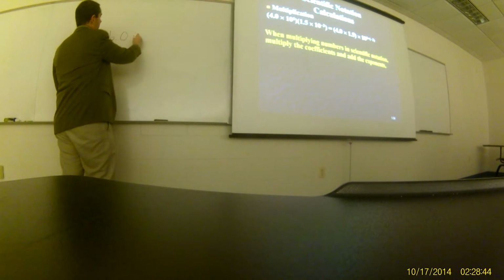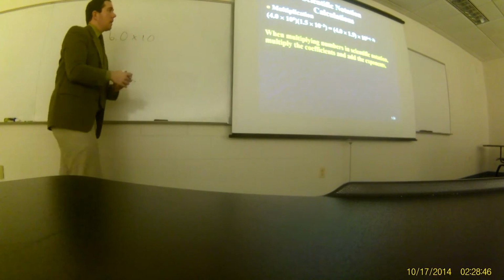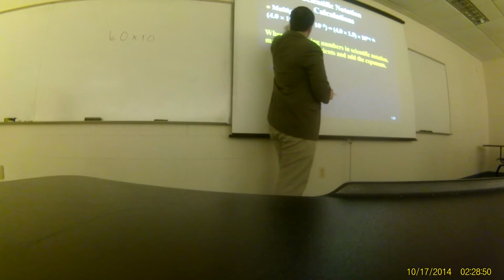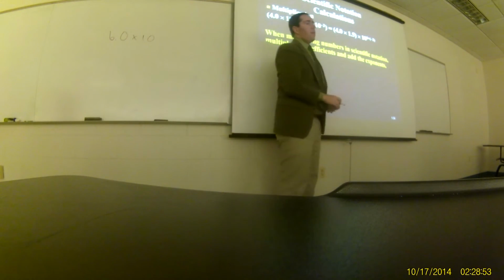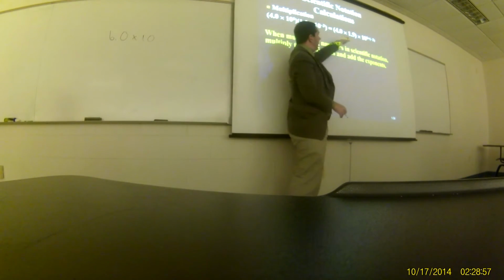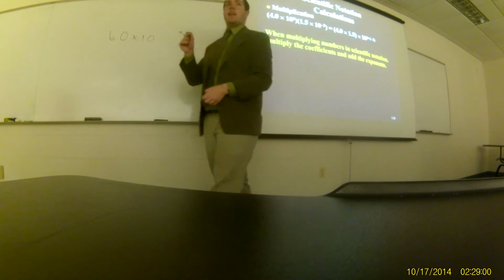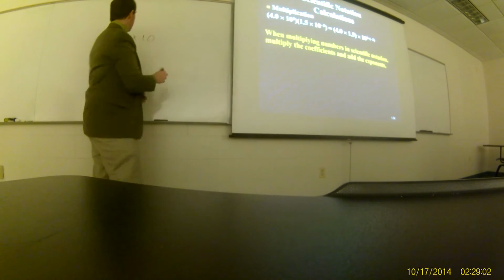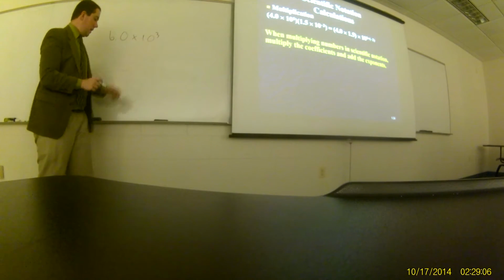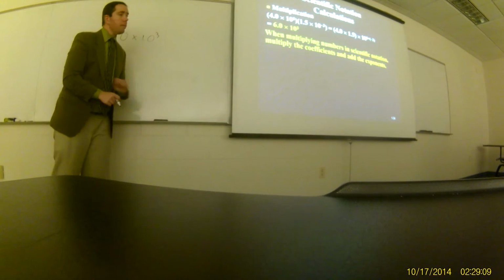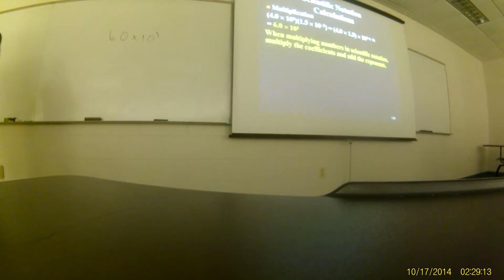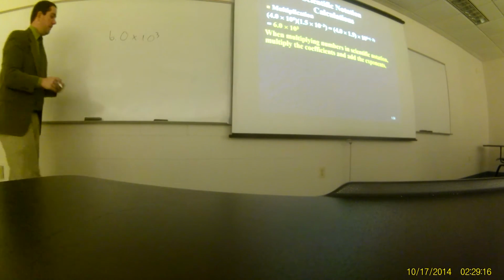We get 6.0 times 10 to the, now we have to figure it out. If you're multiplying together, you take the exponents and you add them together. So 6 plus negative 3 is what? What is 6 plus negative 3? 3. Positive 3, so we get 6.0 times 10 to the 3rd. You're multiplying together, multiply the coefficients, and then add the exponents.